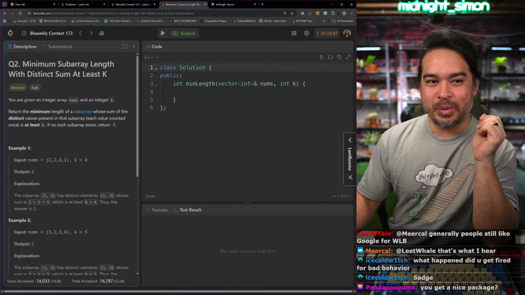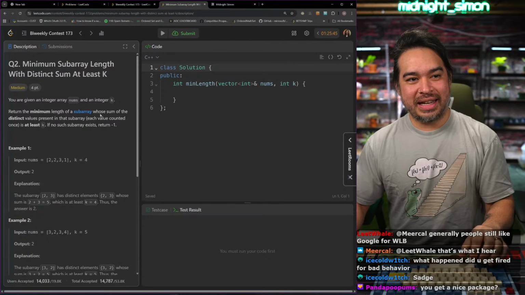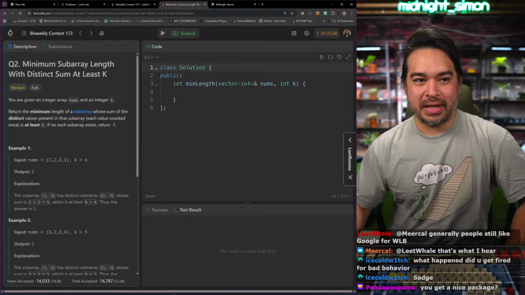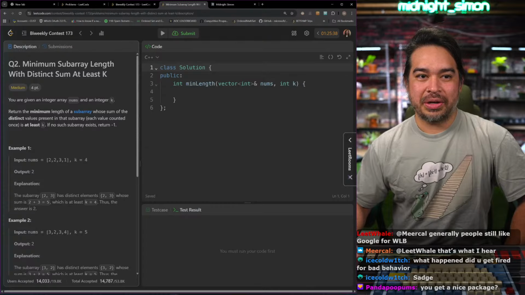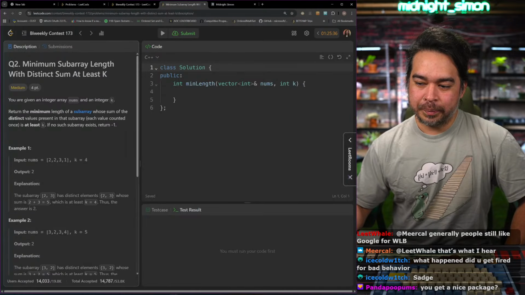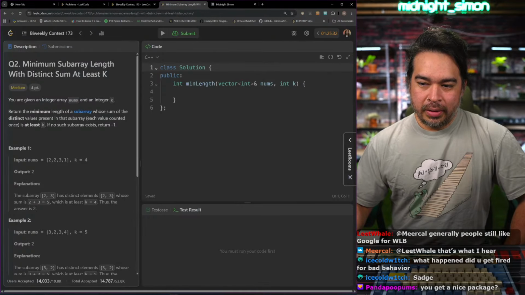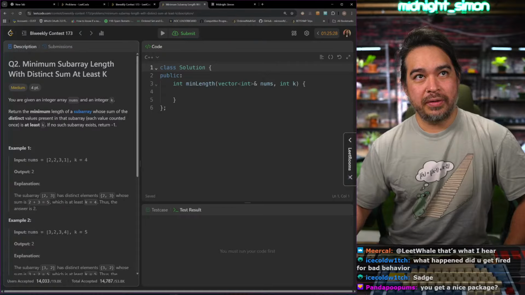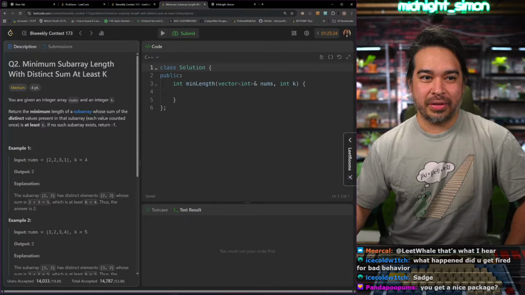Panda Poopums, welcome to the party. Get a nice package. Yeah, it was pretty nice, considering that I was going to leave anyways. So let me try and remember. 14 weeks plus 1 week for every full year, and I did almost 4 years, so I only got 17 weeks.